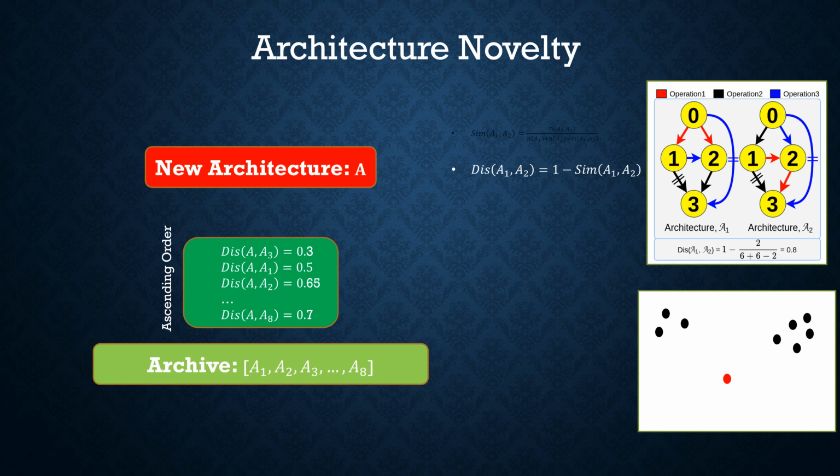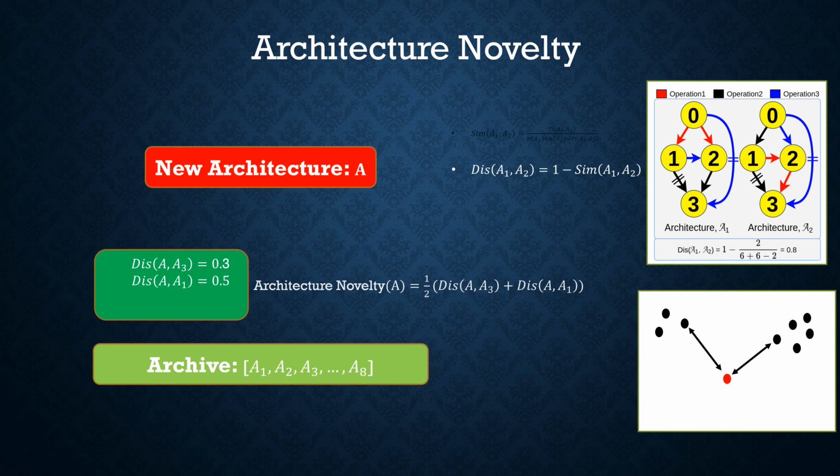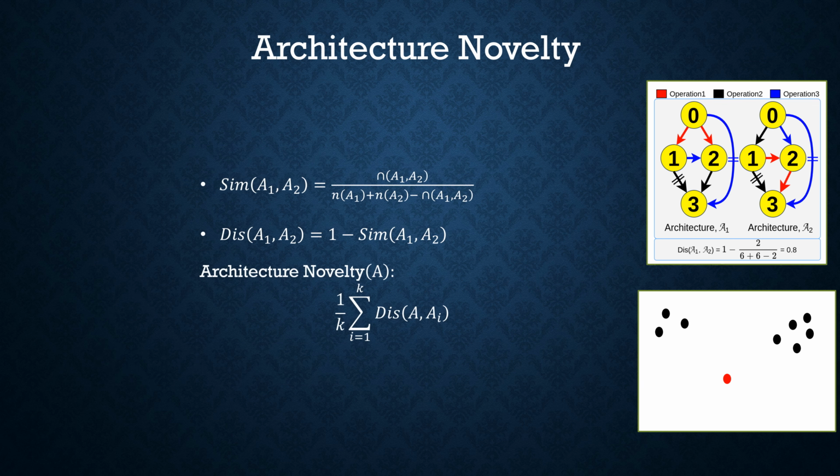Next, we sort all the calculated dissimilarity metric in ascending order. Next, select the top two least dissimilar architecture from the archive. Finally, the architecture novelty is calculated as the mean of the two dissimilarity metrics. So in general, the architecture novelty is calculated by taking the mean of the k nearest neighbor, in terms of the dissimilarity metric.